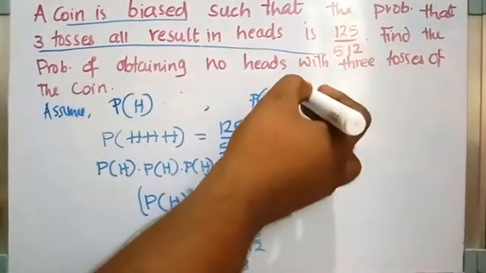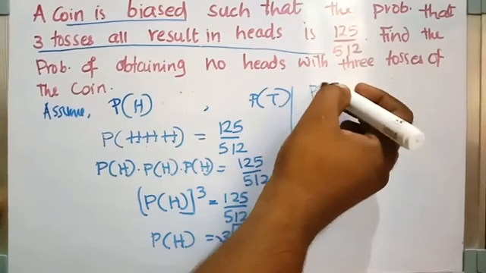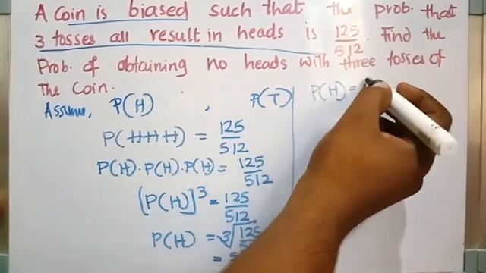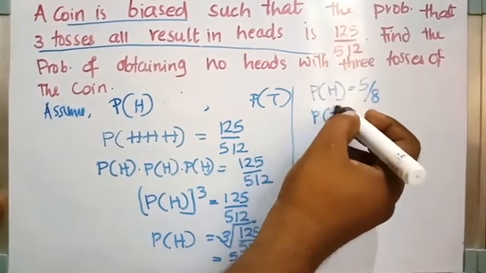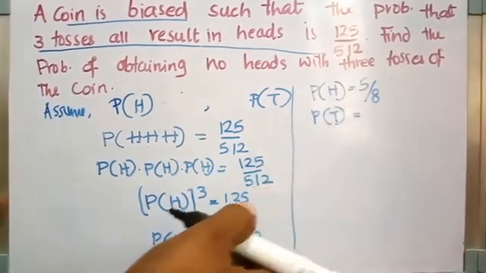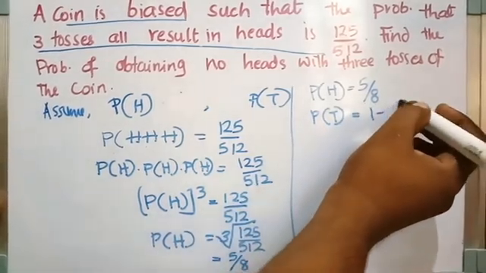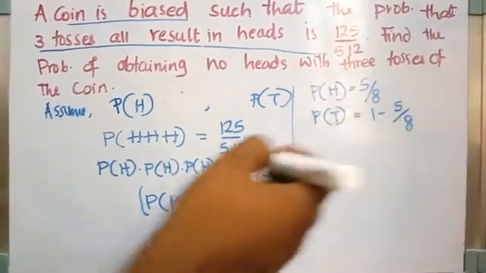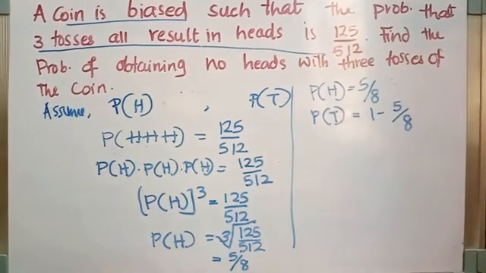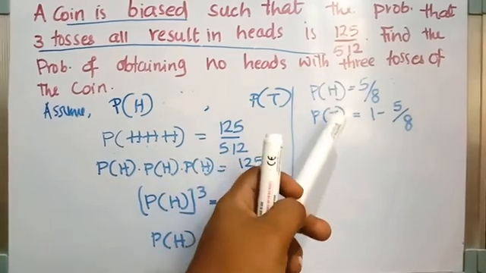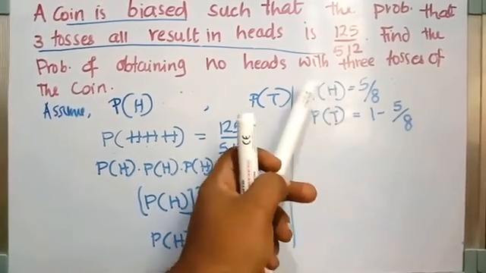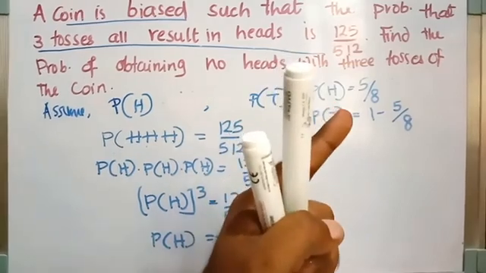So now we got probability of head as 5 by 8. Now we can find probability of tail, which is 1 minus 5 by 8, as we know the total probability is always 1. Probability of head and probability of tail are two different events that give the result 1 always.